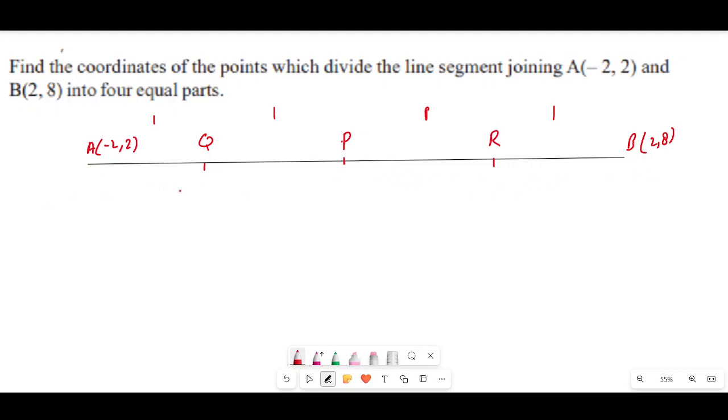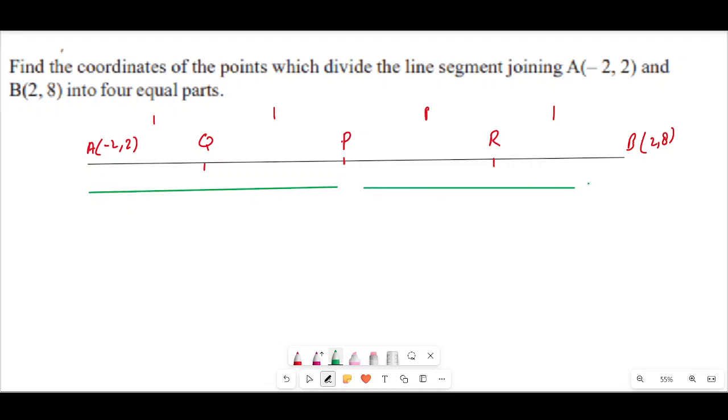Now, if we try to find out the value of P, this will be 2 and this will be 2. Then suppose the value of P is given, we got the value of P here.